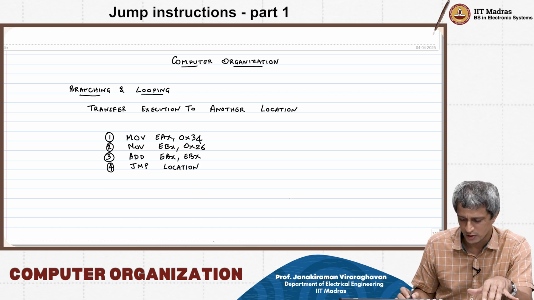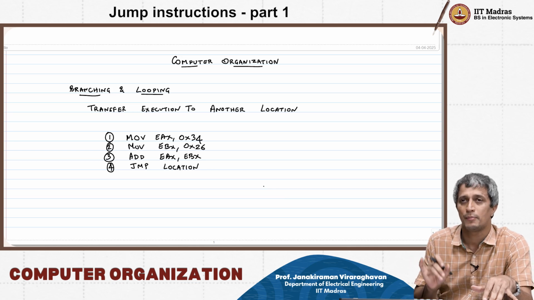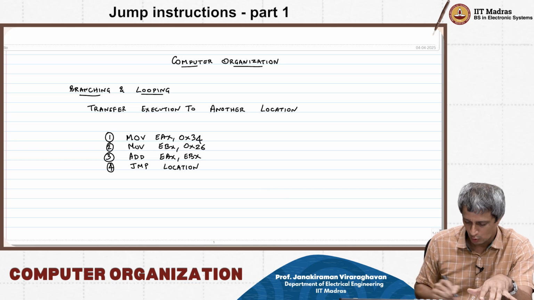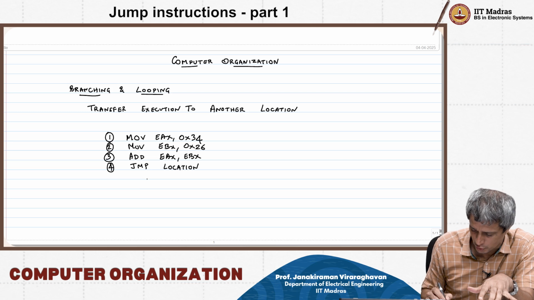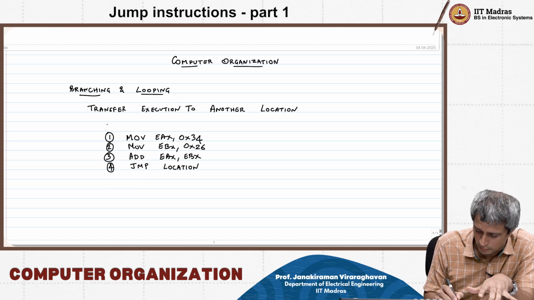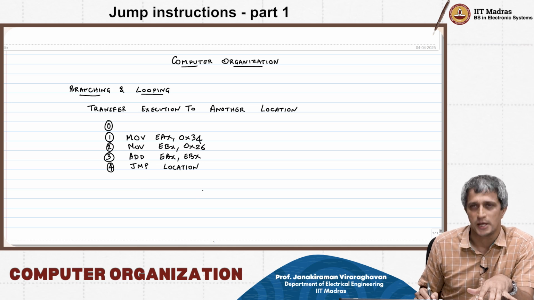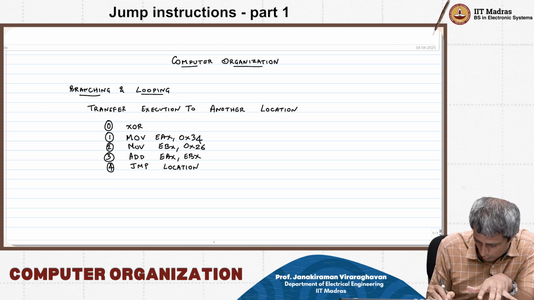Okay, I'll tell you what this word location is here. This is just a label, but in reality, this will translate to an address. So, for example, let us assume that in location 0, somewhere in memory, this is what I am going to put here: XOR EAX, EAX.